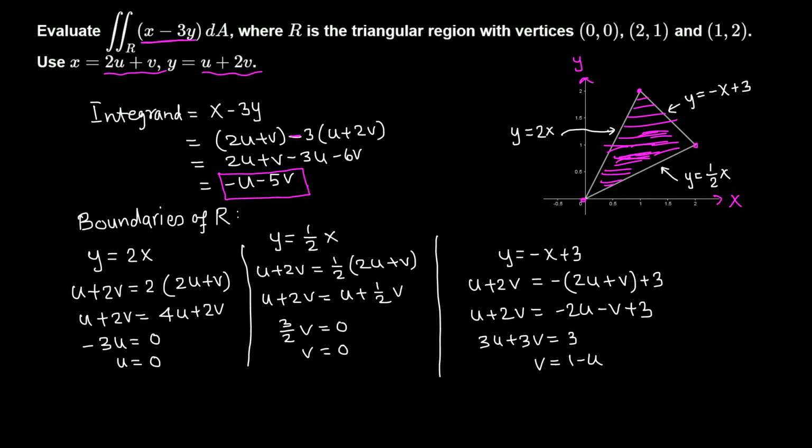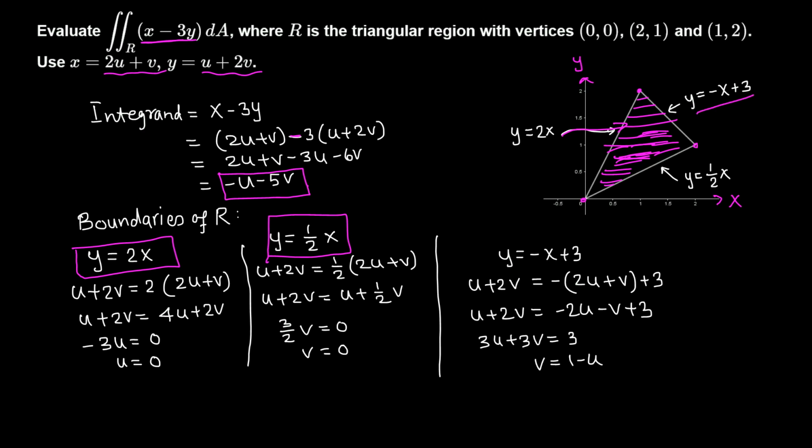We use y equals u plus 2v, which is given, and that equals 2 times x, which is 2u plus v. Simplify, and it comes out to be u equals 0. Similarly, the second line, y equals half x, on the bottom here. Plug in the x and y values and simplify, and we get v equals 0.